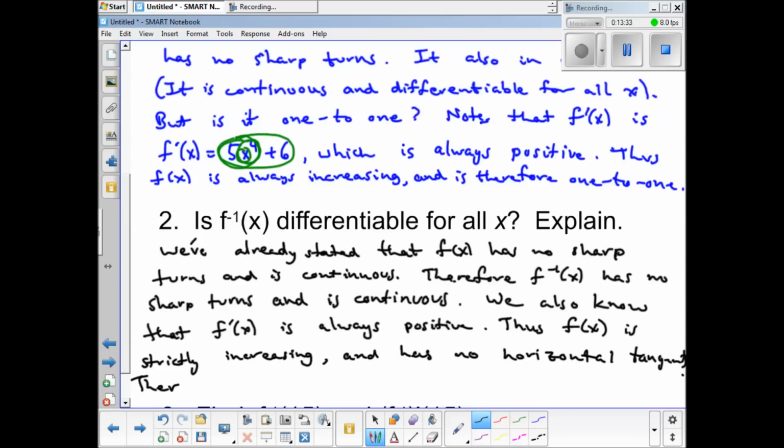Therefore, f inverse of x has no vertical tangents.